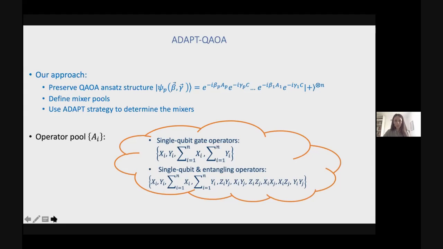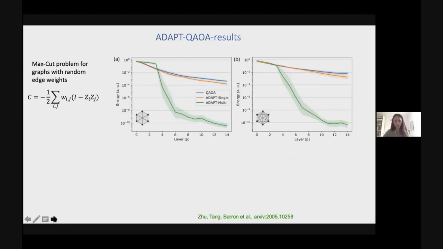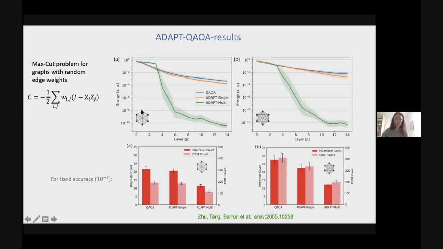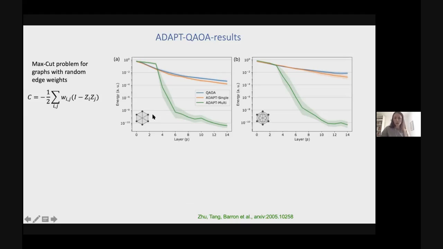And then we use the ADAPT criterion so that at every layer, we determine what the mixer should be. So we have simulated here what happens for different graphs. So we chose this 6 node graph, with different types of connections. So this has 3 neighbors. Here, everybody has 5 neighbors.